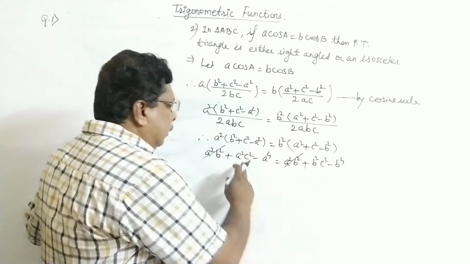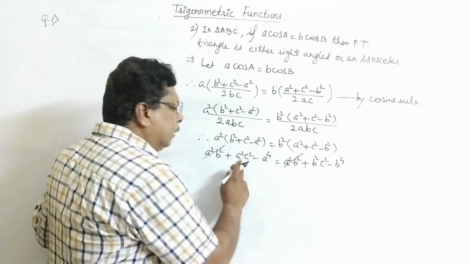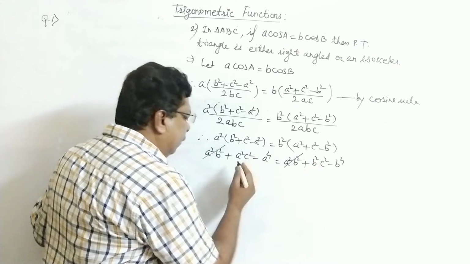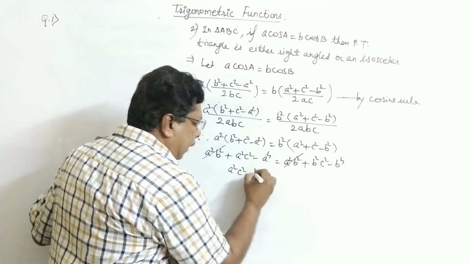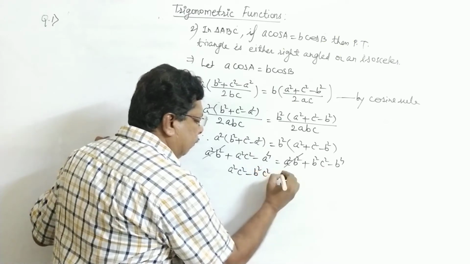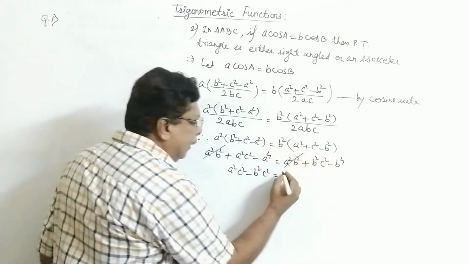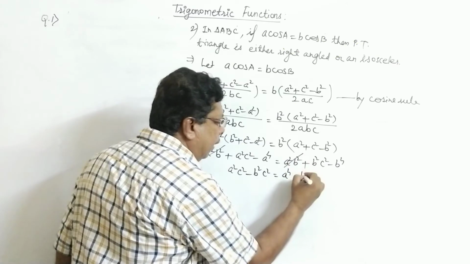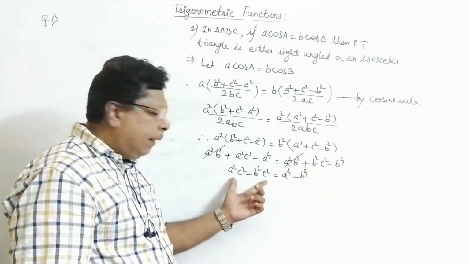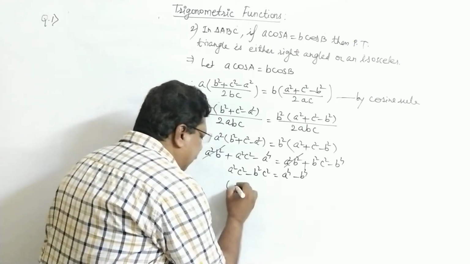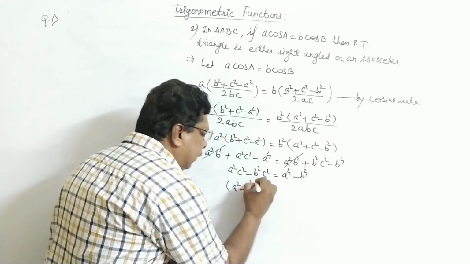Now take the term A square C square on the left hand side, this becomes minus B square C square. Take this term on the right hand side, A raised to 4 minus B raised to 4. In LHS take C square common, in the bracket you will get A square minus B square.